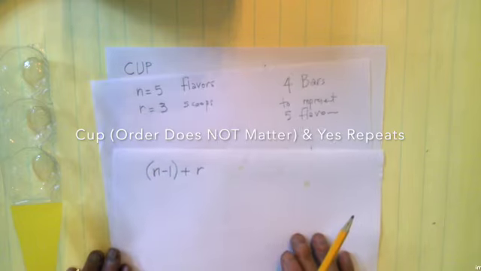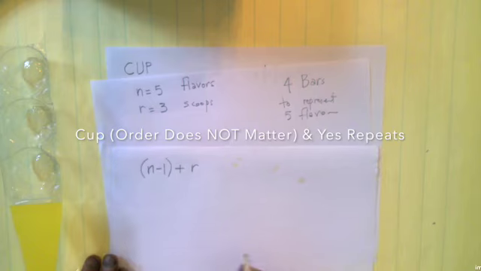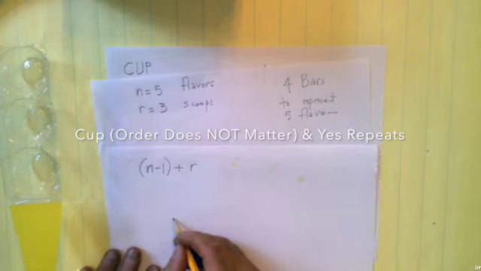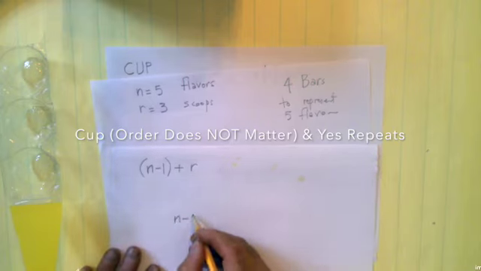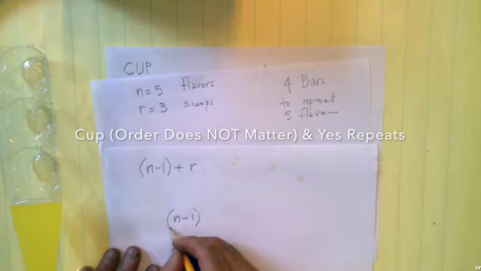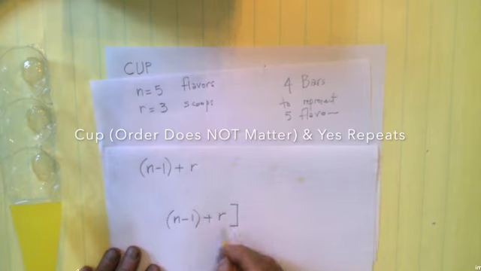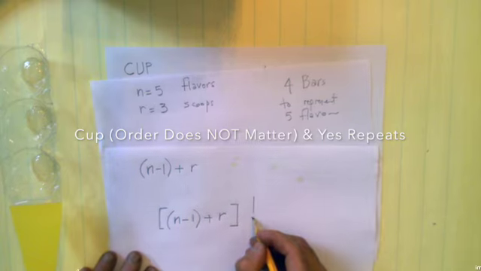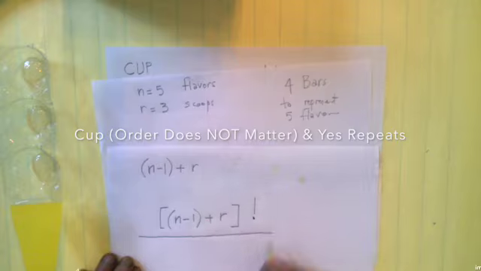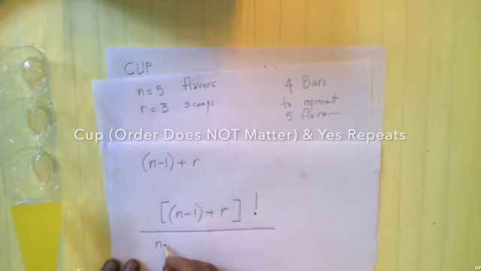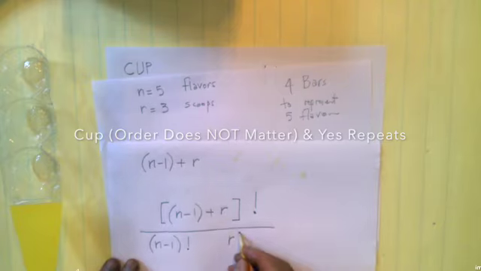So the formula is n minus 1 plus r, the whole thing, factorial, divided by n minus 1 factorial and r factorial.